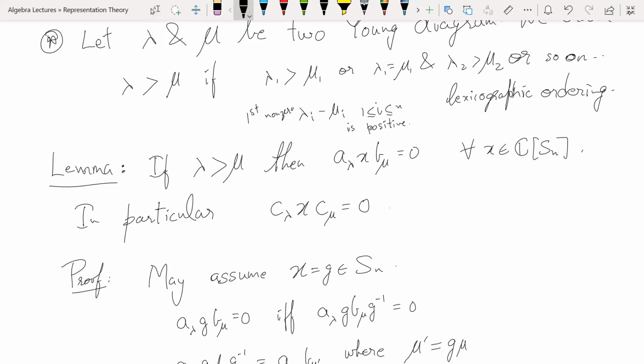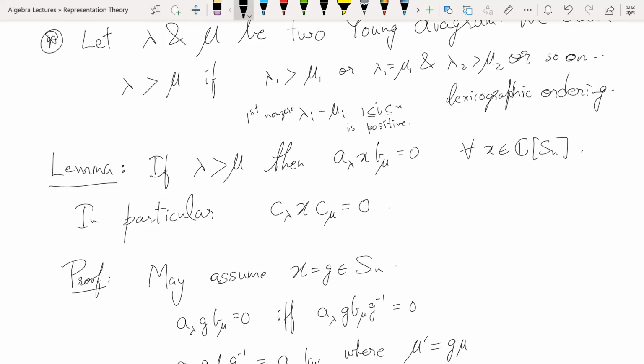In particular, this will tell us that C lambda x C mu is 0, because C lambda is A lambda times B lambda, so this is just A lambda B lambda x A mu B mu, which is still of this form.